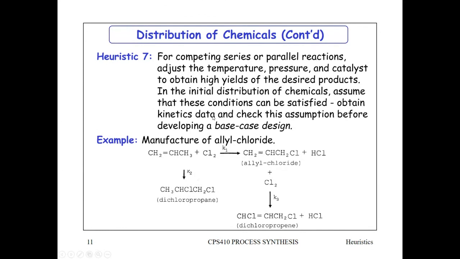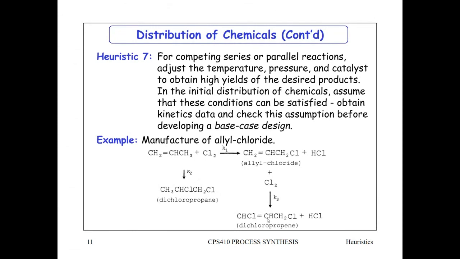Obtain kinetic data and check the assumption before developing a base case design. So this is the thing about kinetics. Let's say you've got these rates, K1, K2, K3 from the literature, and the literature says, yeah, these are the numbers.